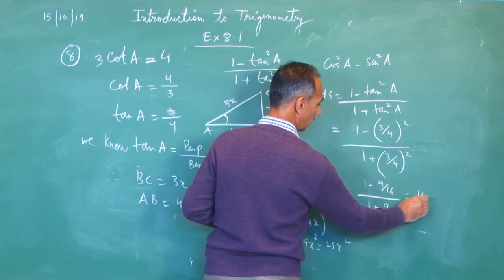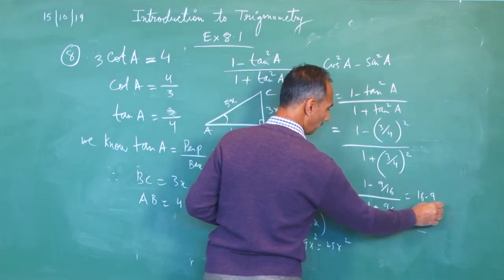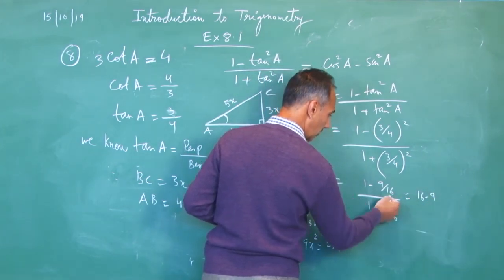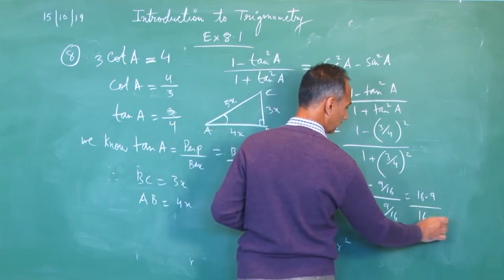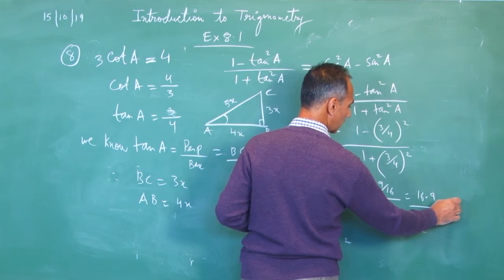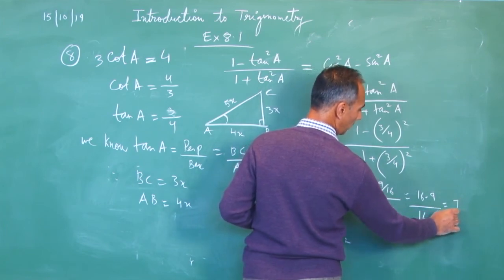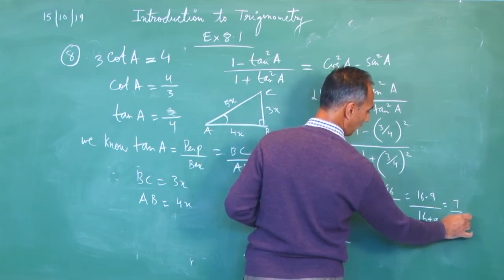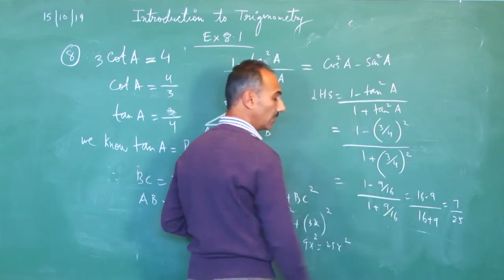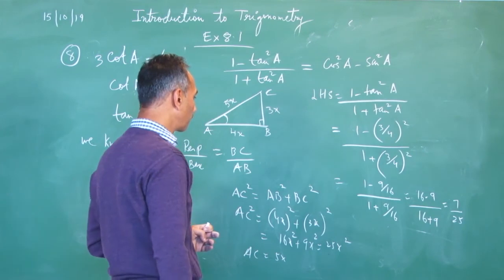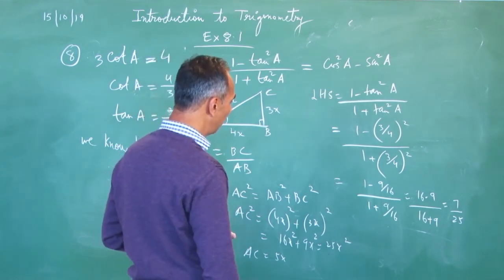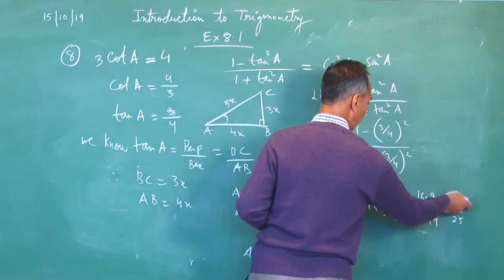That is (16 minus 9) by 16 over (16 plus 9) by 16. The denominator is the same, 16, so it will cancel. This is 7 by 25. So I got the value of the left hand side.